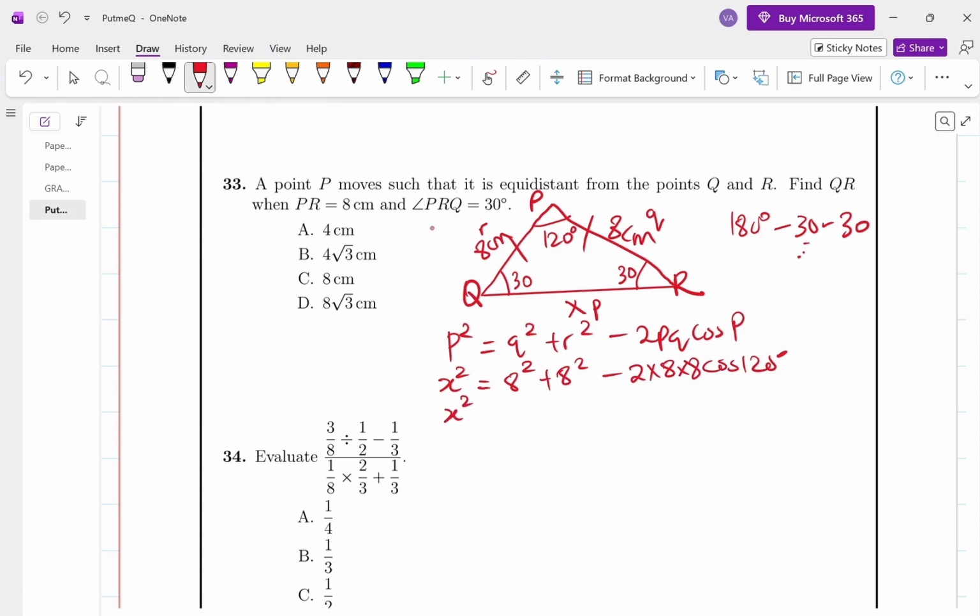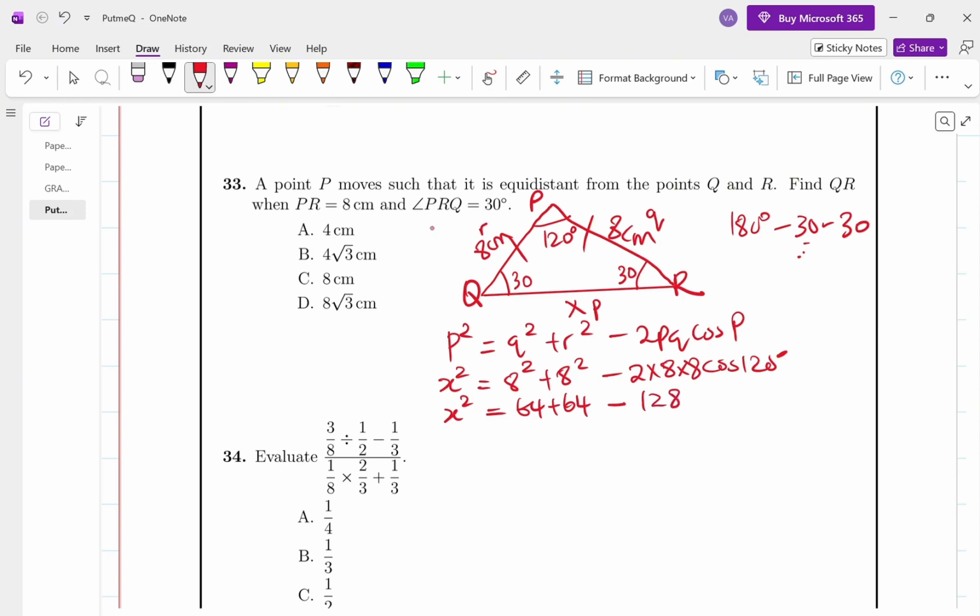So X squared equals 64 plus 64 minus 16 times 64. That should be 128. Then cosine of 120.